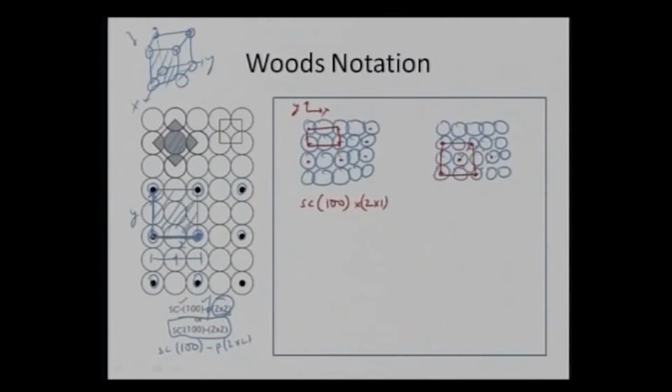I'll definitely have to take this dotted one as a primitive lattice, because this one is forming my now C centered, and this one is now my primitive. So I can define it in two manners.